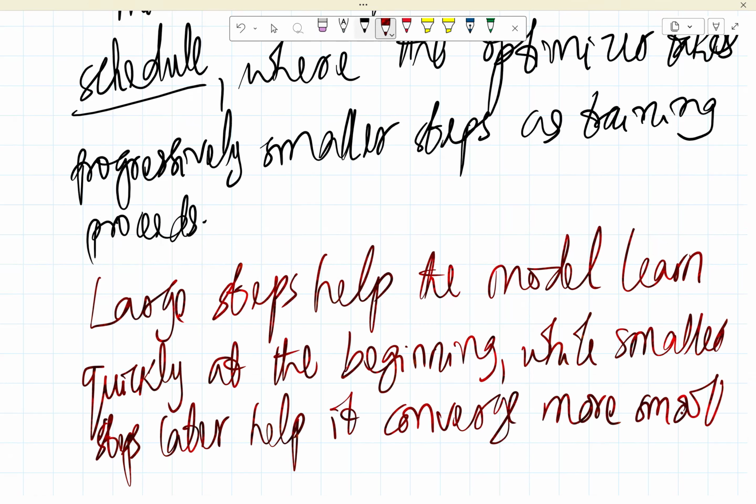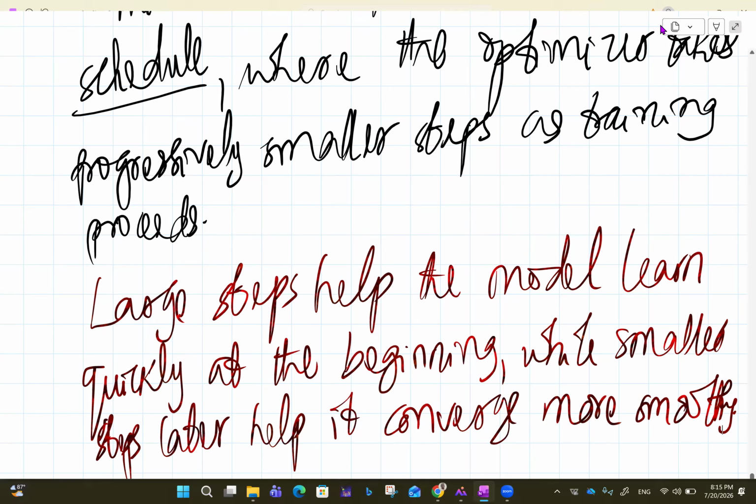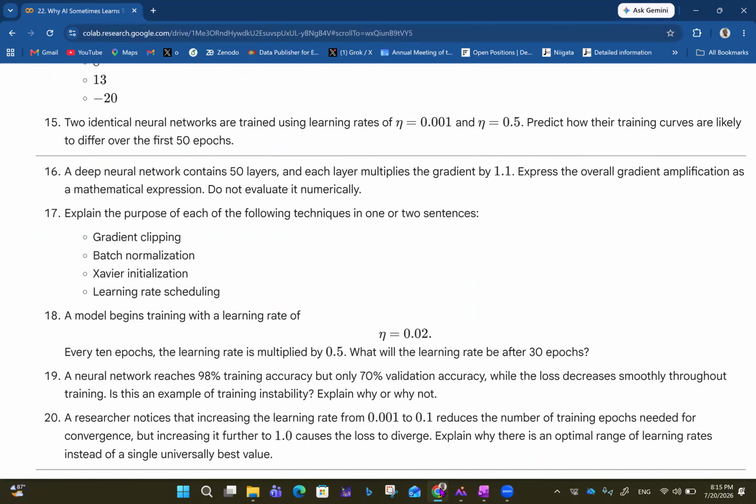So that's one technique there, learning rate scheduling. You start with large steps so you can move fast, but after some epochs, you make it smaller and smaller so there can be smoother and smoother convergence. That's one technique to avoid instability, to prevent the AI from learning too fast such that it breaks.